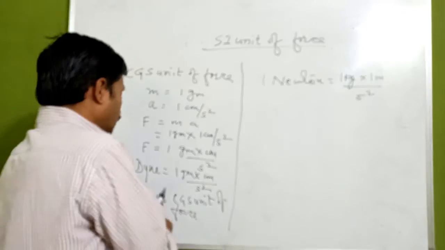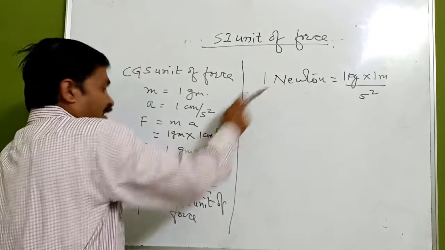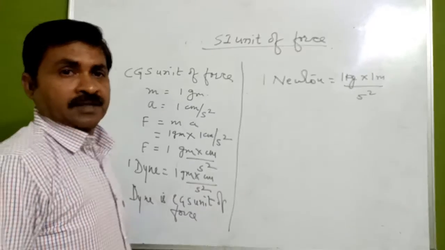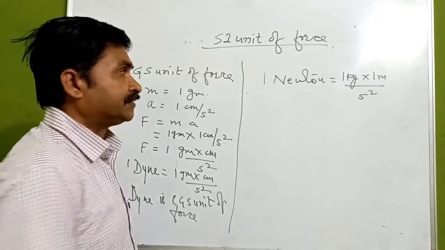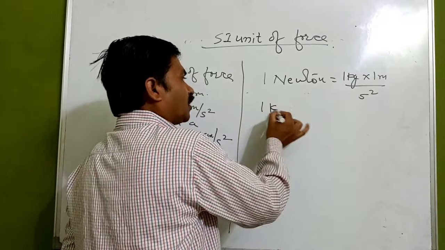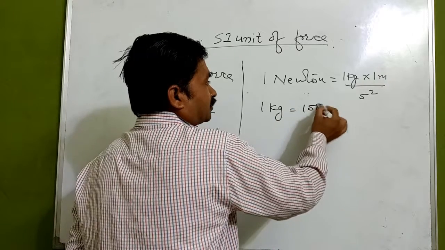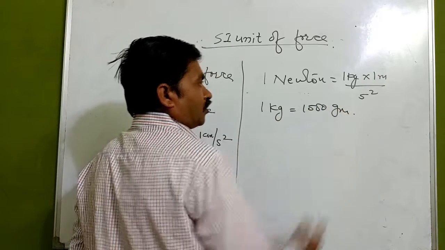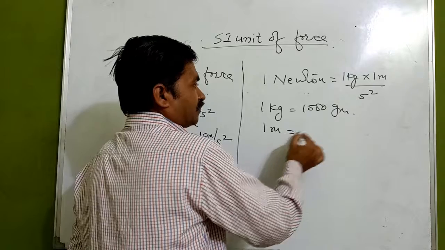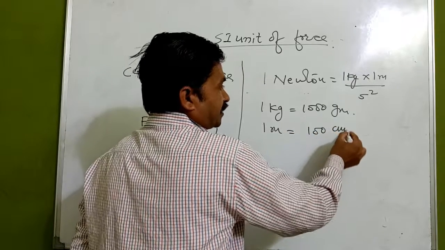Now if we want to make a relation between Newton and dyne, how will we get it? We know 1 kilogram is equal to 1000 gram. Similarly, 1 meter is equal to 100 centimeter.